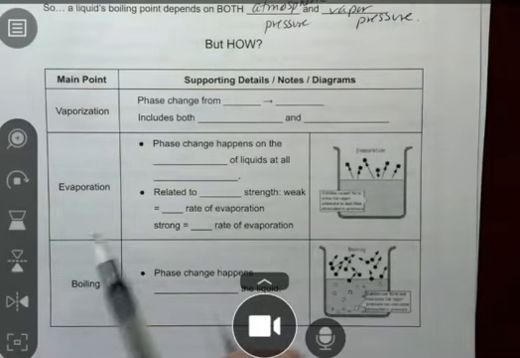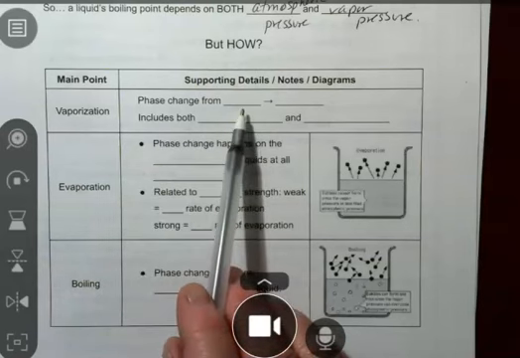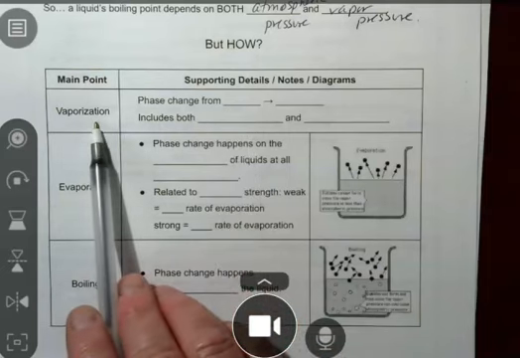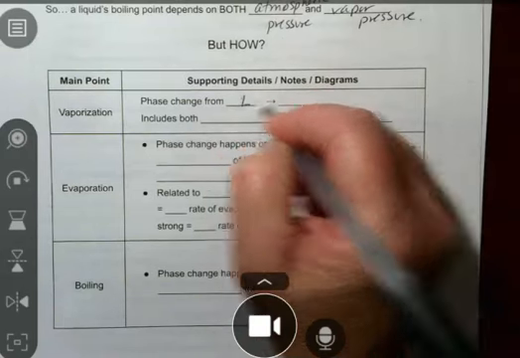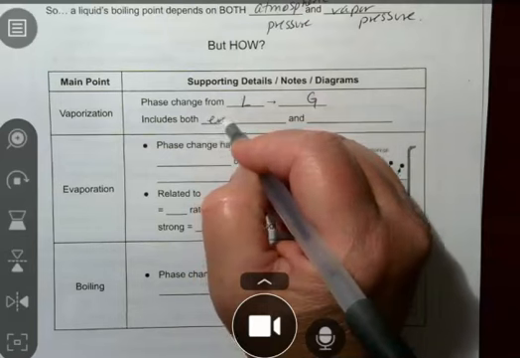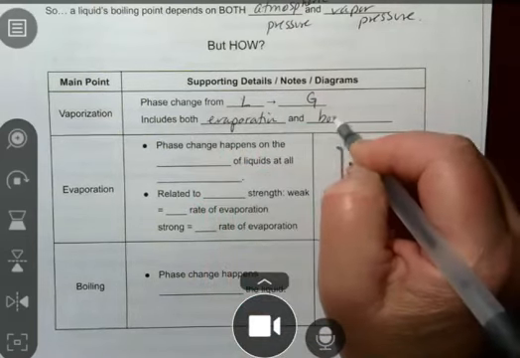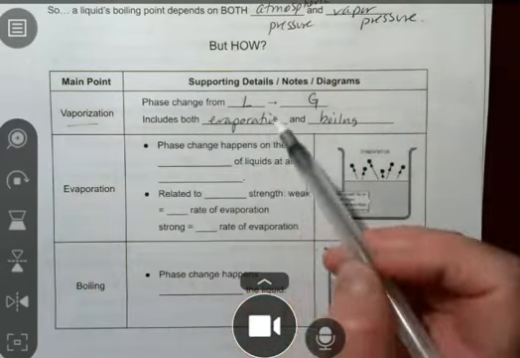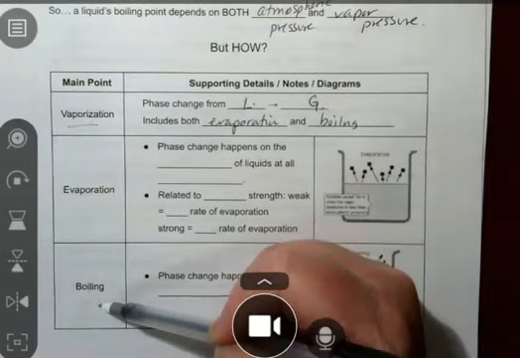To understand this, we need to know that vaporization is a phase change from liquid turning into a gas. It includes both evaporation and boiling, so it's a generalized term. Vaporization is any change from liquid to gas. So what's the difference between evaporation and boiling?